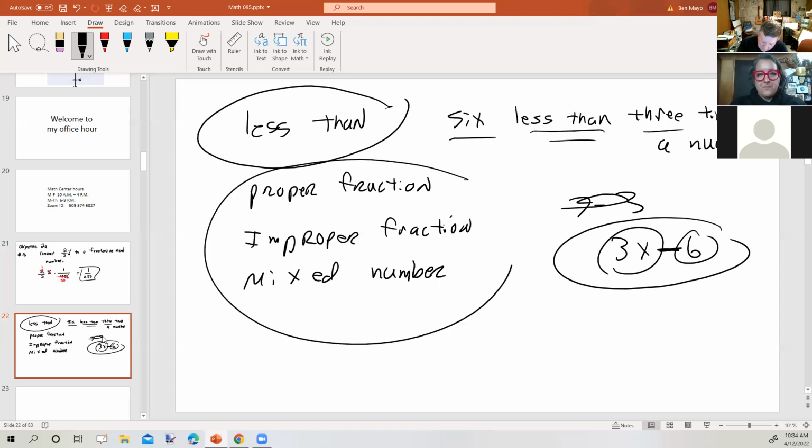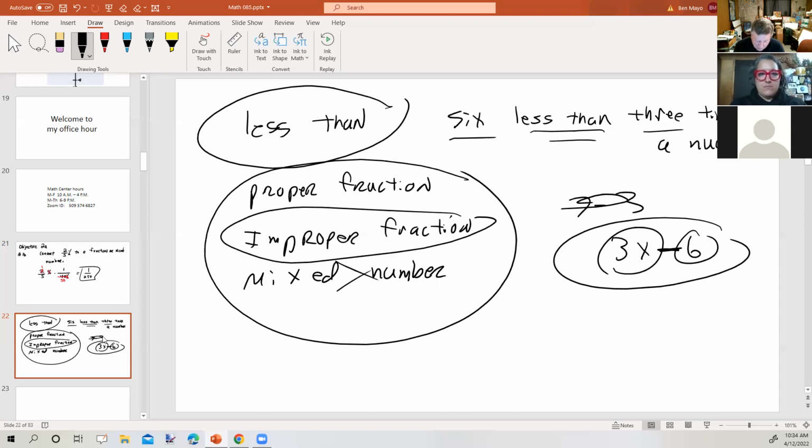Now, quite a few of you missed problems because you didn't follow directions. You gave an answer, for instance, maybe it asked for an improper fraction and you gave a mixed number, or maybe it asked for a mixed number and you gave an improper fraction. So read carefully. Let's look at examples of those.